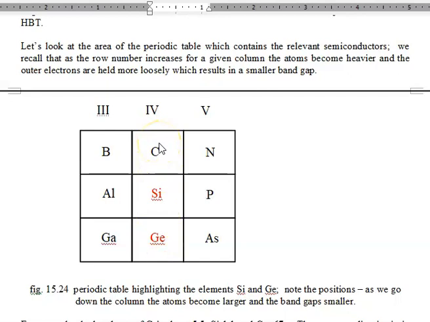So as we go down from this row to this row to this row, the atoms get larger, the band gaps get smaller, and the intrinsic concentration gets larger. The larger the atom, the looser the electrons are bound, and the easier it is thermally to kick an electron from the valence band into the conduction band.